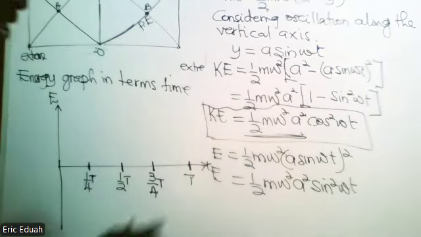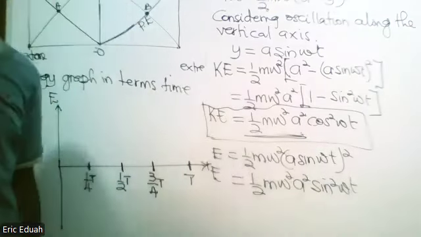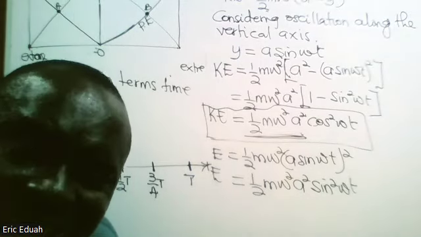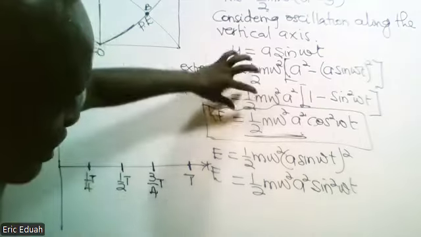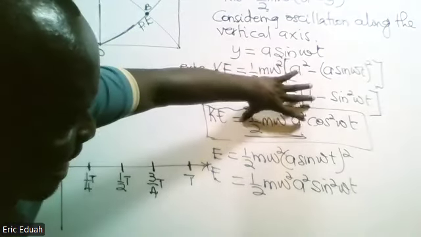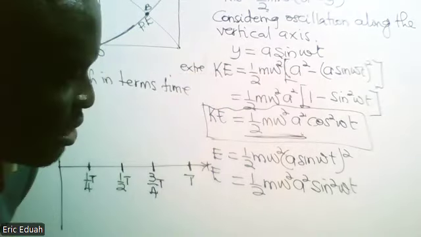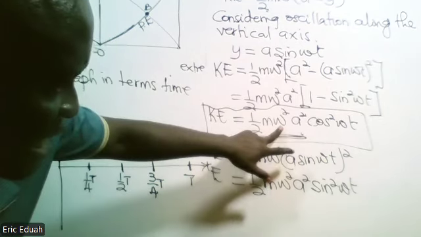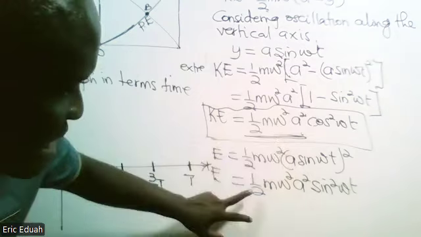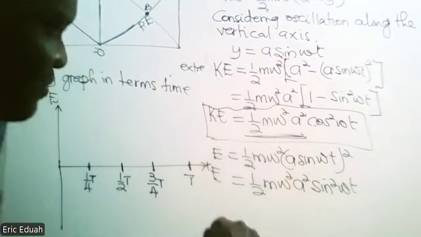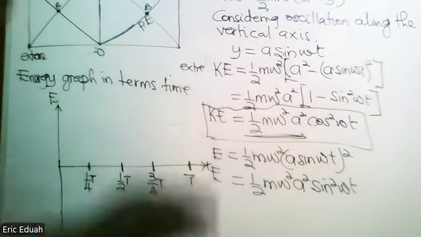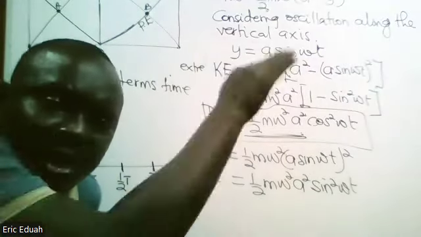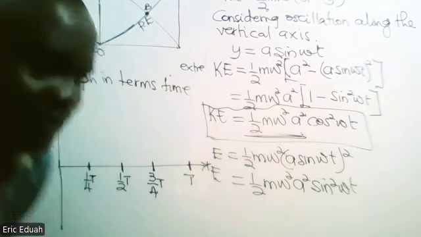The amplitude. So this is the maximum, and the amplitude is the maximum displacement. Since this is not displacement, we will call this the maximum kinetic energy. Okay, so the maximum kinetic energy is this. This is the maximum potential energy. So when the body is oscillating, the body moves in between these extremes, maximum values.